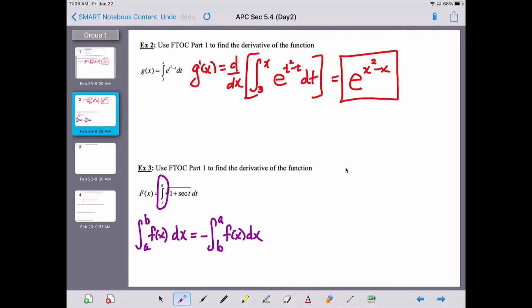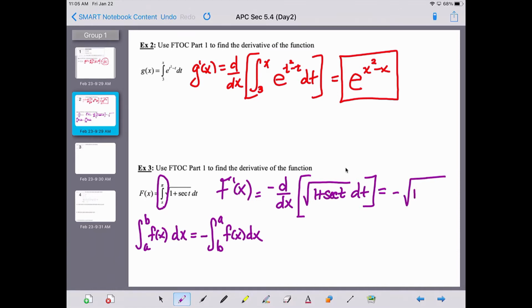So we end up with our capital F prime of x being equal to the opposite of the derivative with respect to x of the integral of the square root of 1 plus secant t dt, which in this case is just going to be negative square root of 1 plus secant x. Just need that negative sign in front because we flip-flopped our limits of integration.